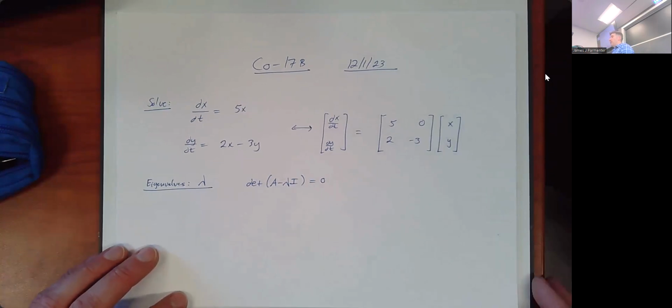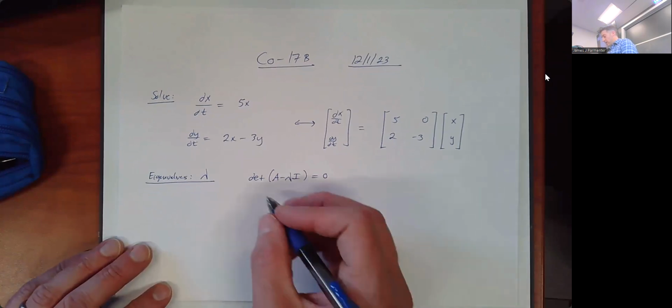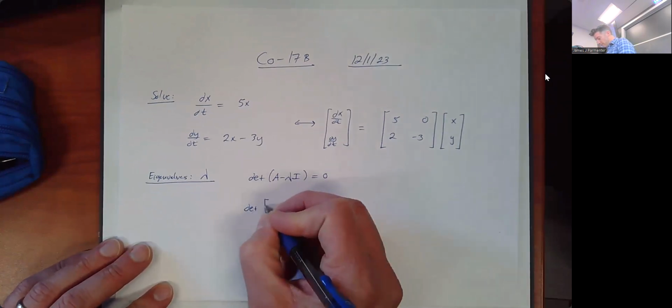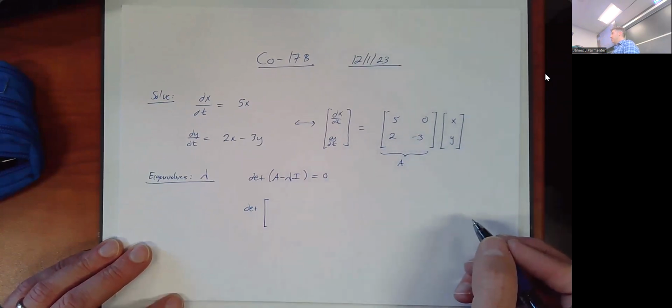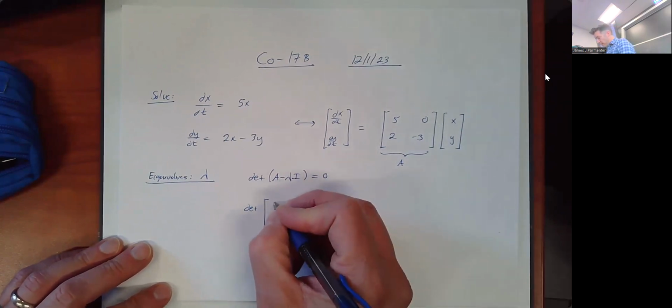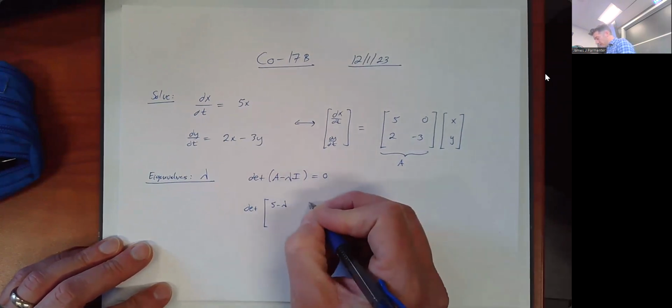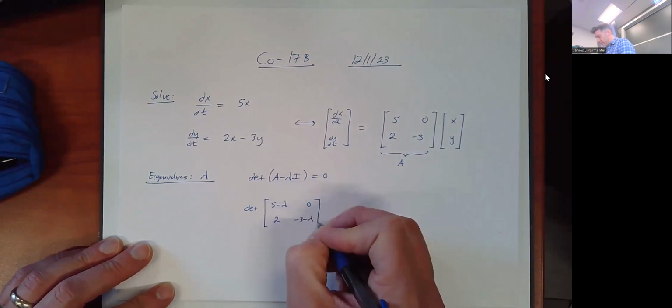Now, you can do a lot of work here, but I'm going to jump to the chase. All you really want to do is take the determinant of your matrix A, which is your coefficient matrix, and subtract lambda from each of the diagonal entries. So you're going to have 5 minus lambda, 0, 2, and -3 minus lambda.